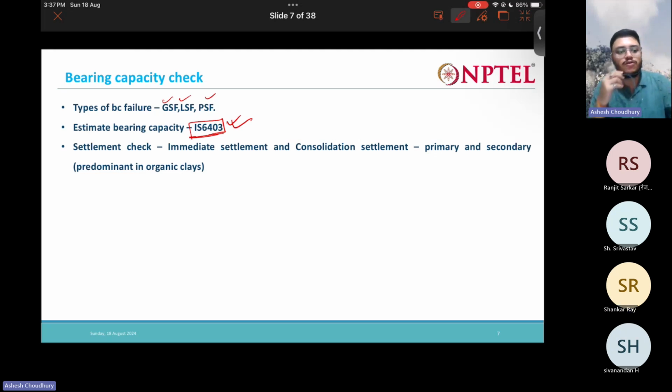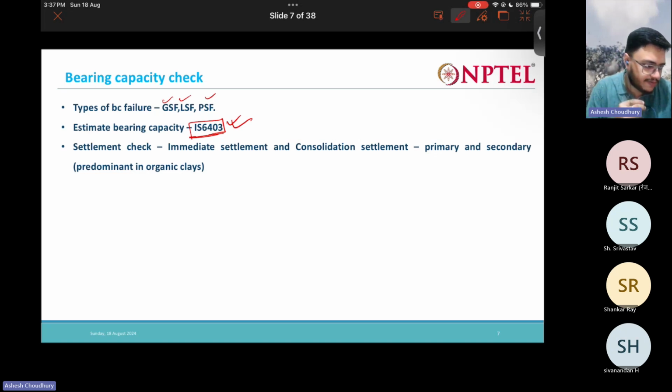These we have already discussed in our basic soil mechanics course. Immediate settlement is the elastic settlement that occurs immediately after loading. There is a relation which gives us the immediate settlement, right?